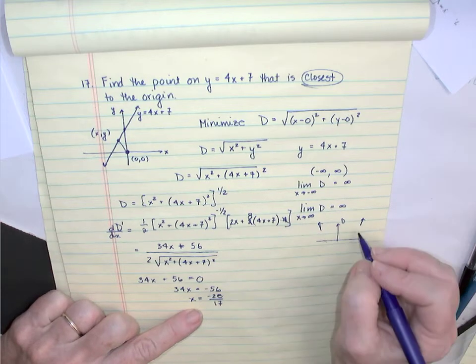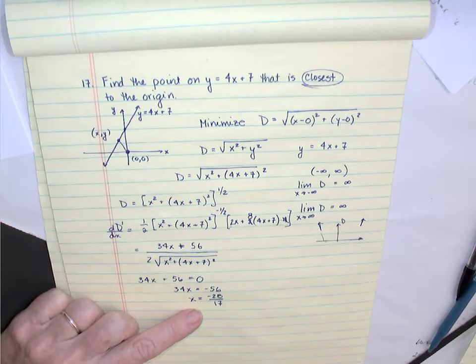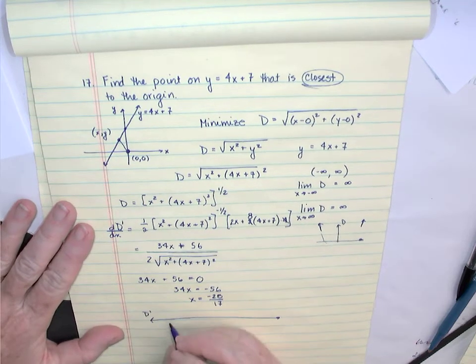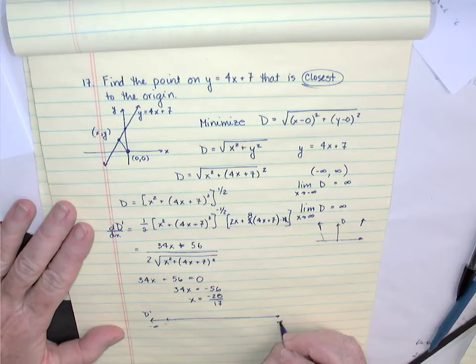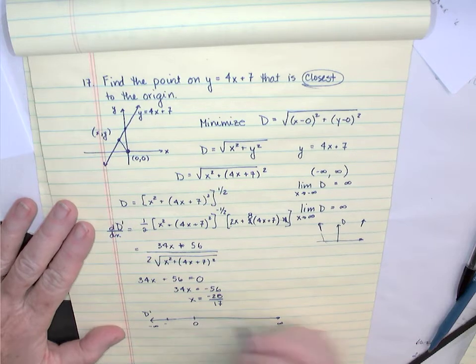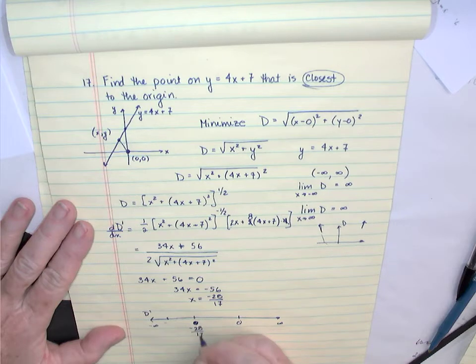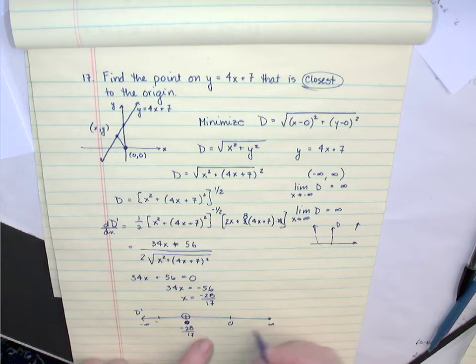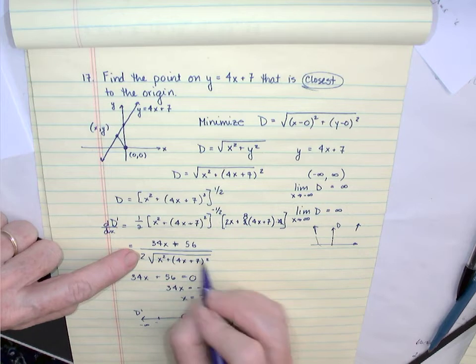No matter what, I know this one critical value is going to give me an absolute min, but I'm going to do a little sign analysis to justify that. This is d prime, and I'm going from negative infinity to infinity, so I'm not restricting the domain. I'll put a 0 over here and call this negative 28/17. If I take any number greater than negative 28/17 and plug it into my first derivative, I know I'll always have a positive number on the bottom.